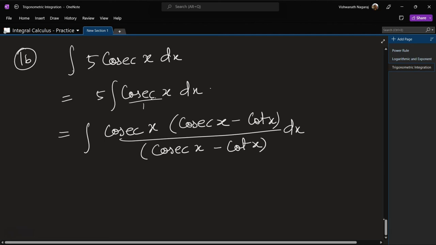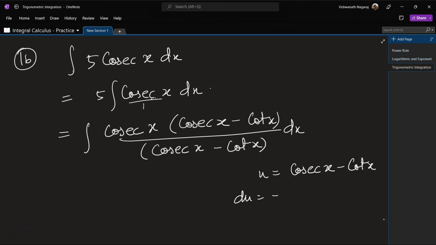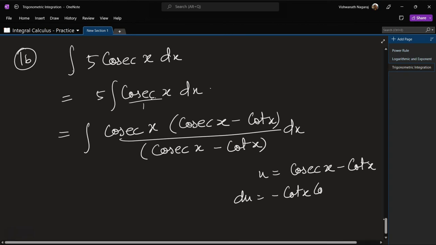So what is the advantage of this? Let's say u is equal to cosec x minus cot x, right? Then du would be what if we differentiate this? Cosec x gives minus cot x cosec x, and cot x gives minus cosec square x dx, right?